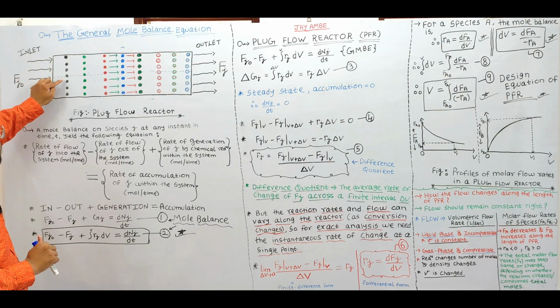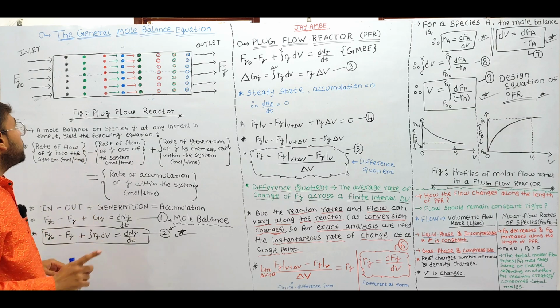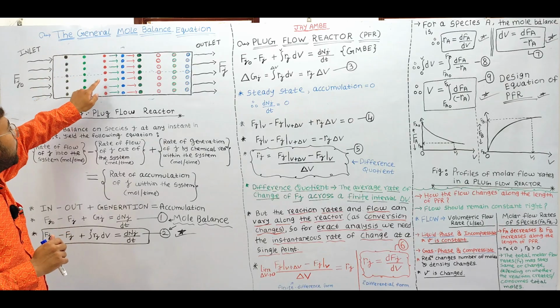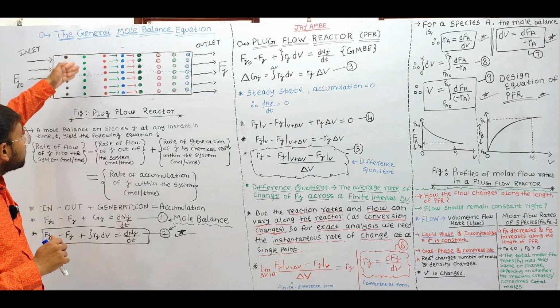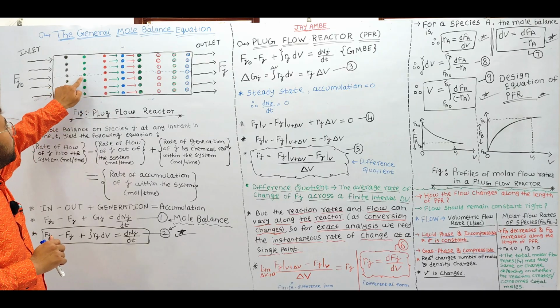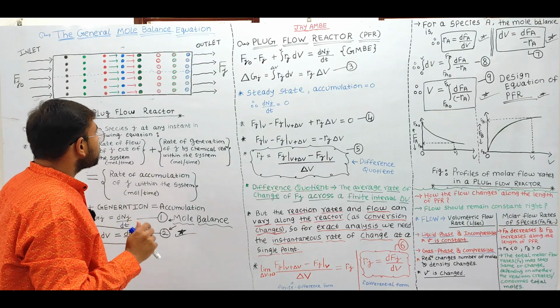Due to this, the concentration, temperature and rate of reaction will be uniform throughout the entire cross section at each axial position. I hope you have understood.